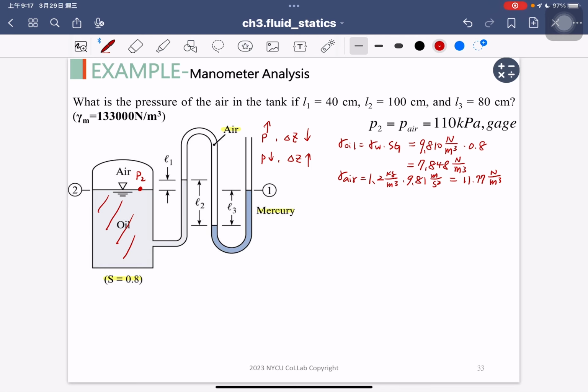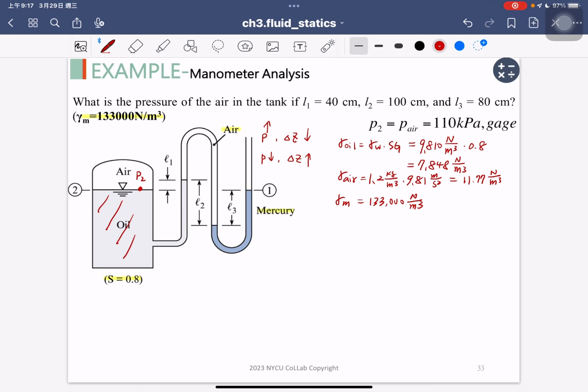So sometimes when we meet a problem that includes air, we just neglect the contribution from the air. But here, I keep the air and try to compute how large the influence of the air is. And the manometer fluid is mercury, and I provide gamma for mercury for your reference: 133,000 newtons per meter cubed.